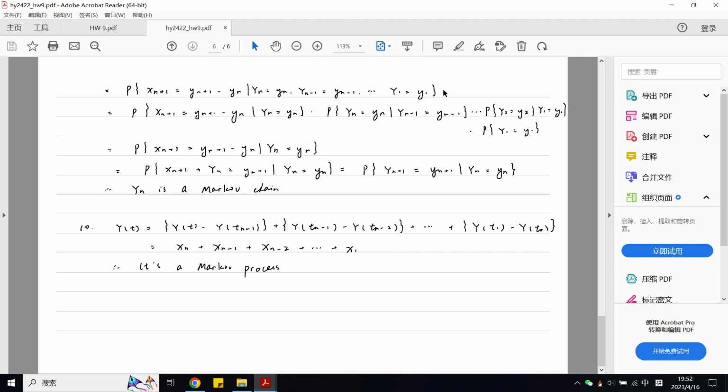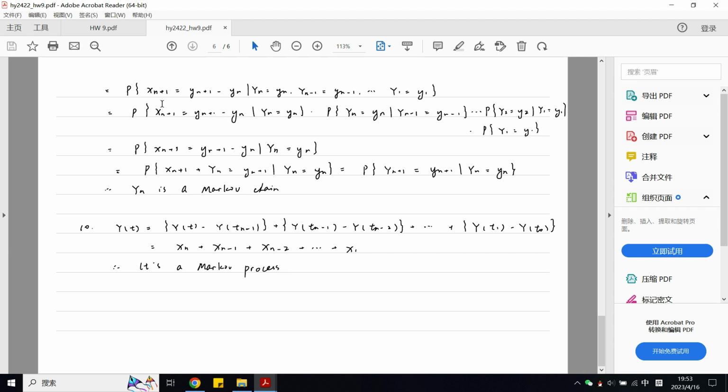And then we can get the probability that xn+1 equals yn+1 minus yn given yn equals yn, yn-1 equals yn-1, and y1 equals y1.